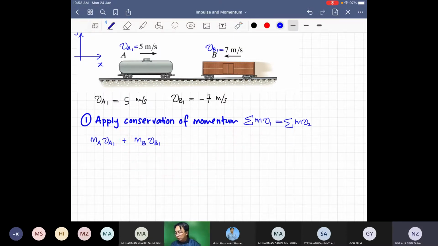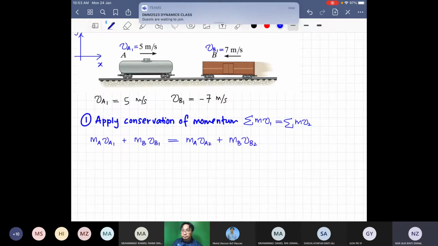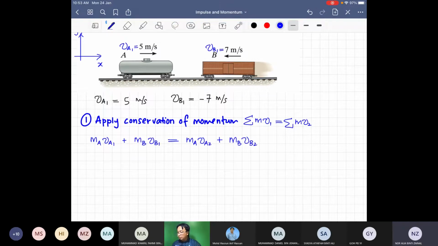Dah tulis yang tu, kita akan tulis sama dengan summation of mv2. So kita ada MA VA2 plus MB VB2. Alright. So bila kita dah tulis the conservation of momentum, sekarang kita akan isikan all the values.